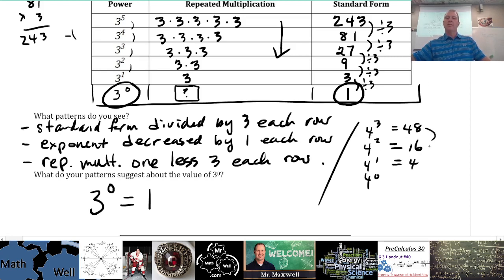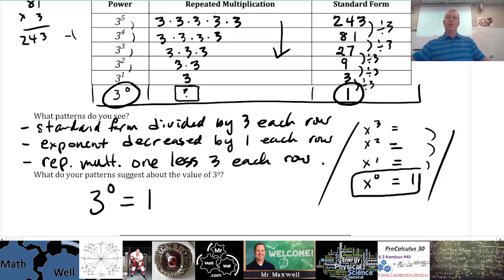And so if I divide by 4 each time, what's 4 divided by 4? 1. Well, that's 1 too. That's 1 as well. Guess what? If we change the base, the patterns are all going to continue. This can be any base. And we're going to have 1 on the bottom row.